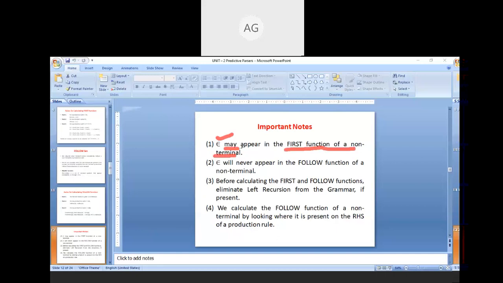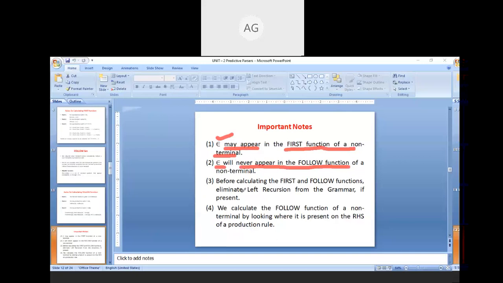Epsilon can be a part of the first set. Epsilon will never appear in the follow function of a non-terminal. Epsilon can never be part of the follow set. You need to remember it.